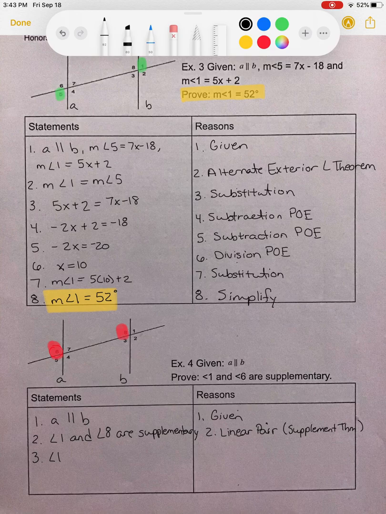Let's say, we'll just call the measure. The measure of angle 6 is equal to the measure of angle 8. Why do we know those two are equal? Because those two are called corresponding angles. Guess we could use the angle symbol, corresponding angle theorem.